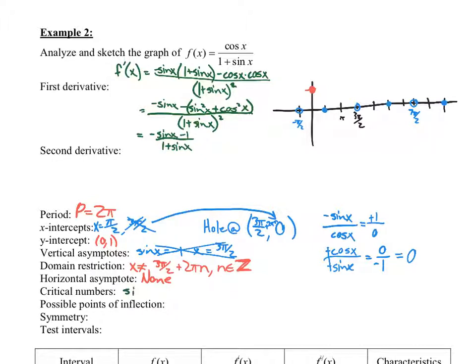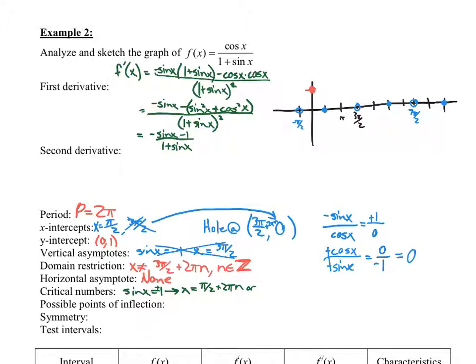Okay, when sine x equals 1, which is going to be when x is pi over 2 plus 2 pi n. Or it's also going to be undefined when sine is negative 1. Okay, and for space I'm going to put plus or minus here.